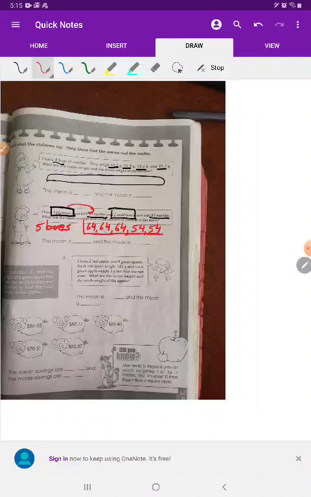Those are the numbers I have to use. What's the mode? The number that's the most often. What's the median? Well, I have to add these together, don't I? I have to add the whole group. Add all. And then I'm going to divide by 5 because I have 5 boxes.